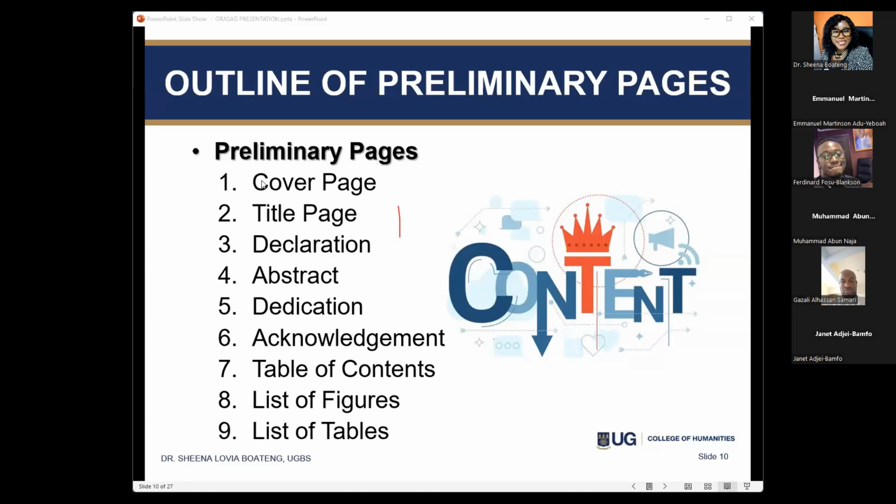Then we have the declaration. And this is where you are declaring that the work that you have done is yours and is not copied from any other source. Now, this is where a lot of students make a mistake. Students have been reverting back to the old format that was being used by the university before this new format was introduced.